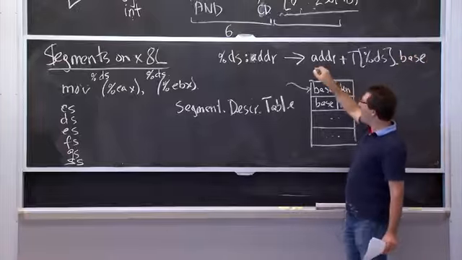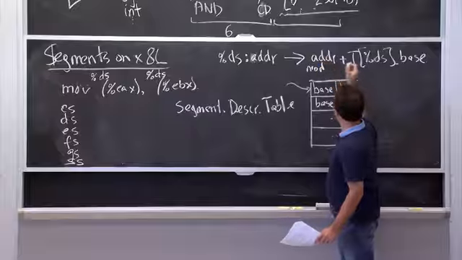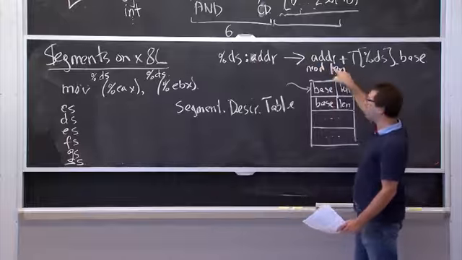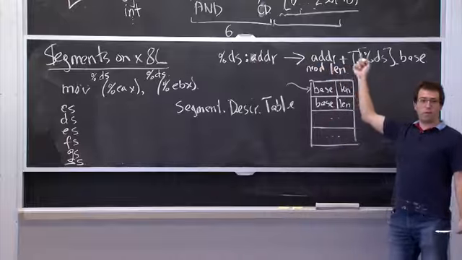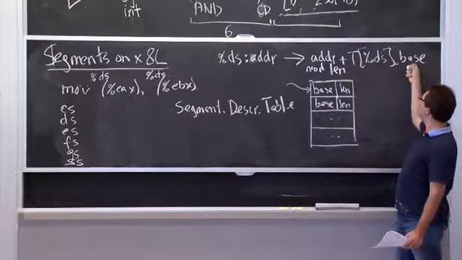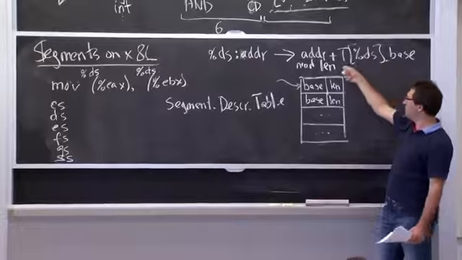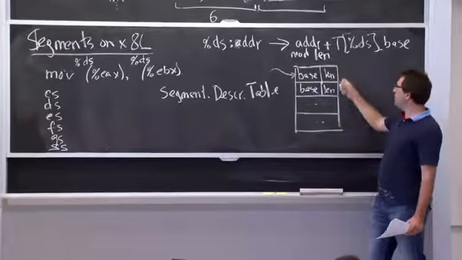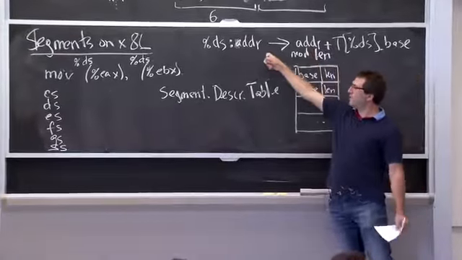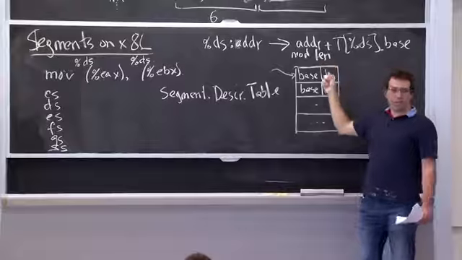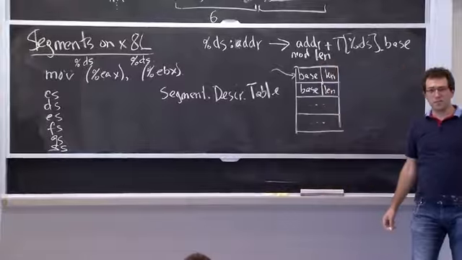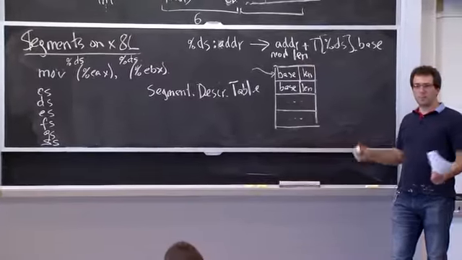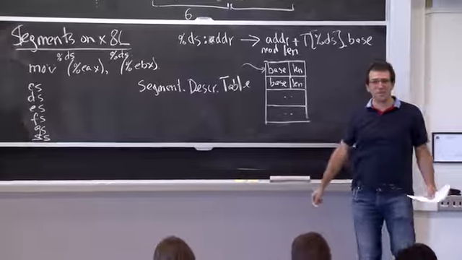And it'll actually take the address modulo the length from the same table. So whenever you're doing a memory access, it's going to add the base of your segment selector's descriptor table entry, and take the address that you're specifying and mod it with the length of the corresponding segment. Does this make sense? It's a little Baroque, but that's what the hardware gives us.